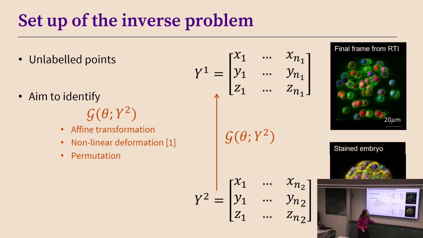These images are quite fuzzy, and as you go through the embryo, that signal gets lighter and less strong, so it's harder and harder to segment, and sometimes we miss some of these points. So you can have different numbers of cells, and also the first cell in Y2 does not necessarily correspond to the first cell in Y1. So we have no idea here.